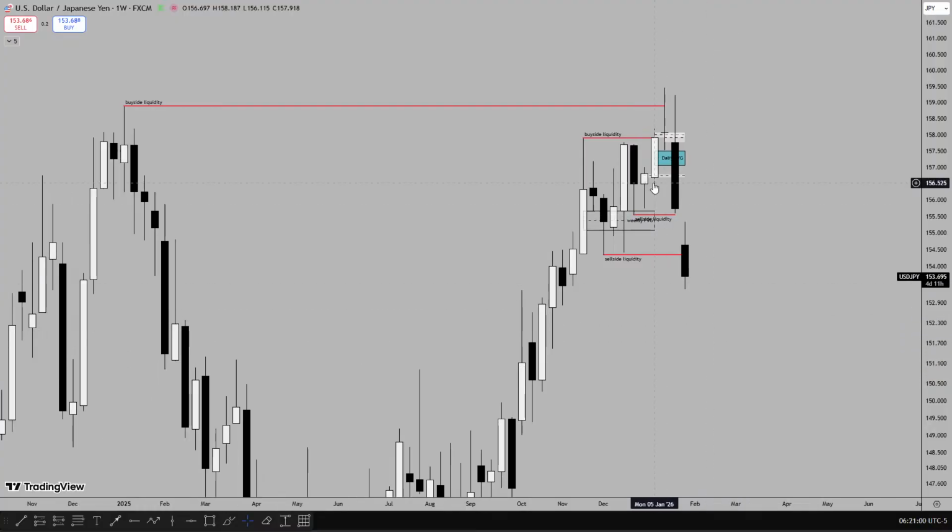I think that's one of the major drivers in price. Now, it's mostly about speculation. I think there's no real news. There might be real news by the time you watch this video, but that's the whole idea: the Bank of Japan is stepping in to help the JPY currency gain value.